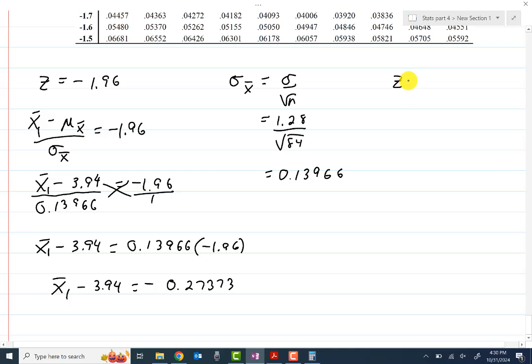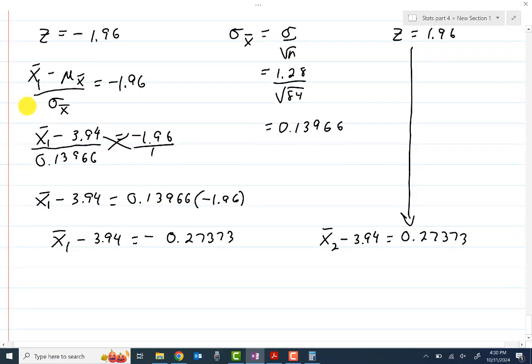Now, remember, the easier one to do is the second one, because you can come right down to this spot, and we have x2 minus 3.94 is equal to 0.27373.